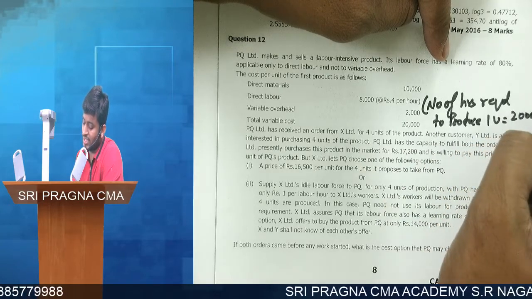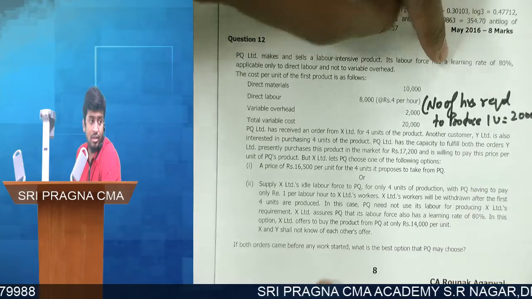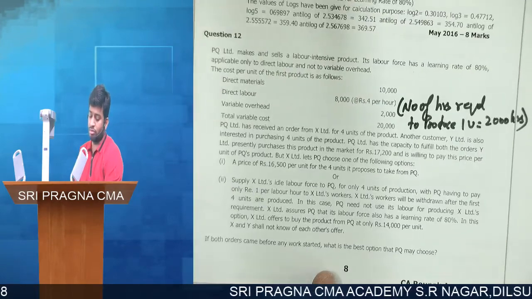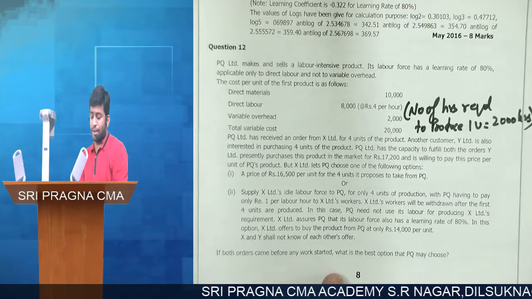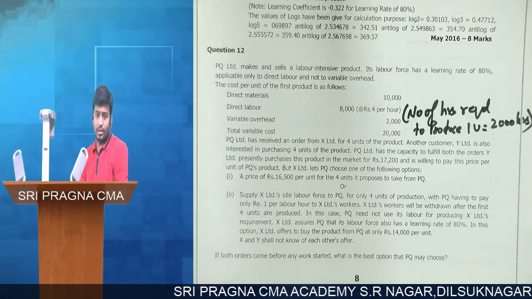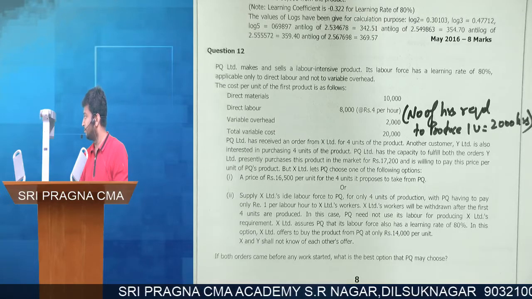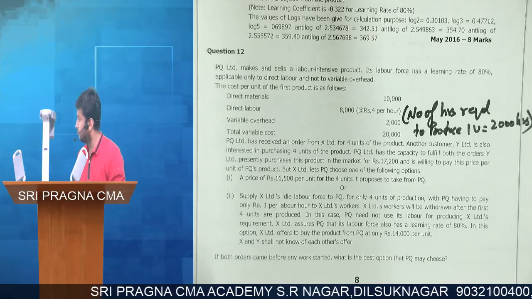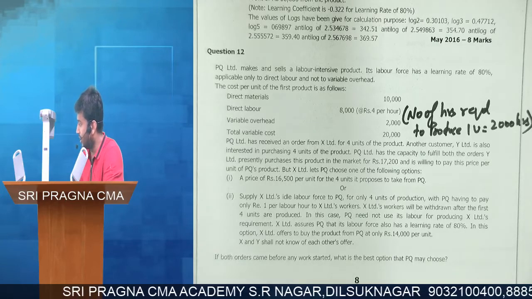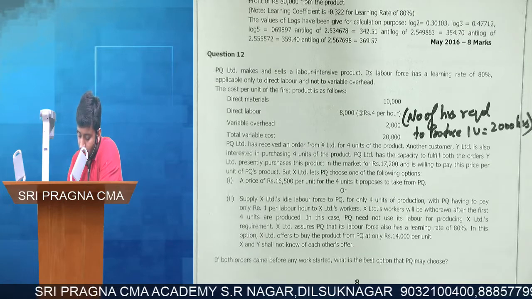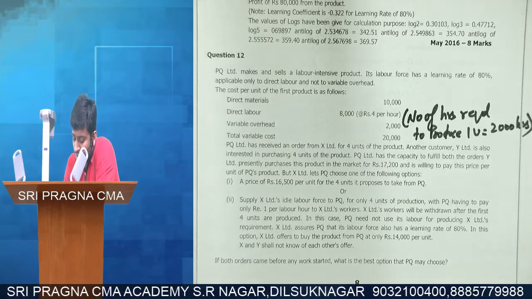Where did this 2000 come from? 8000 by 4, write it in brackets. Okay, next. Variable overhead 2000, total variable cost 20,000.